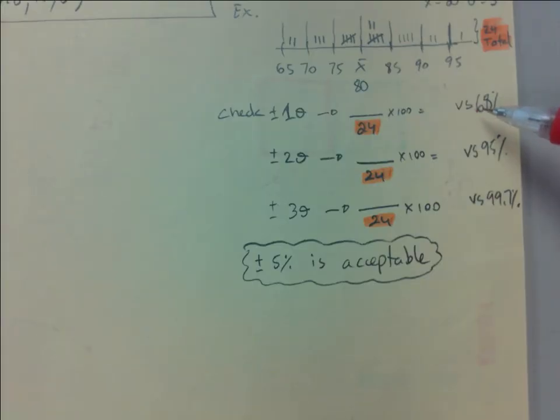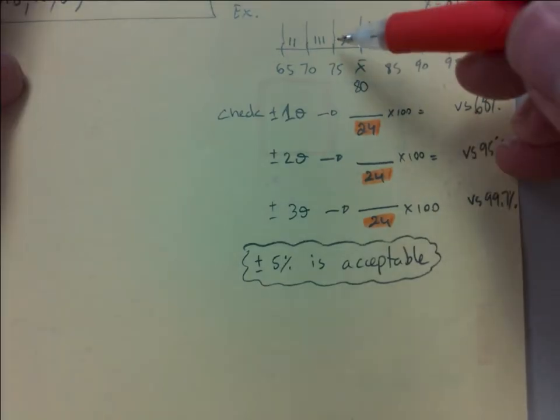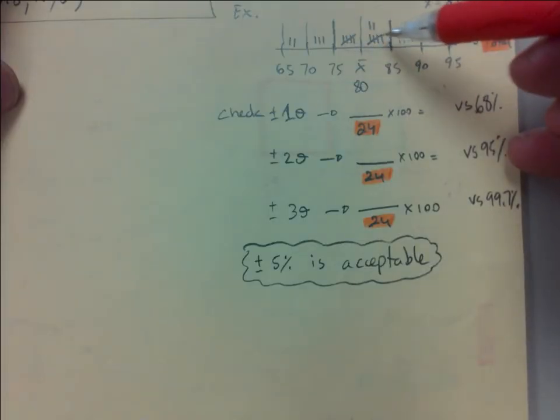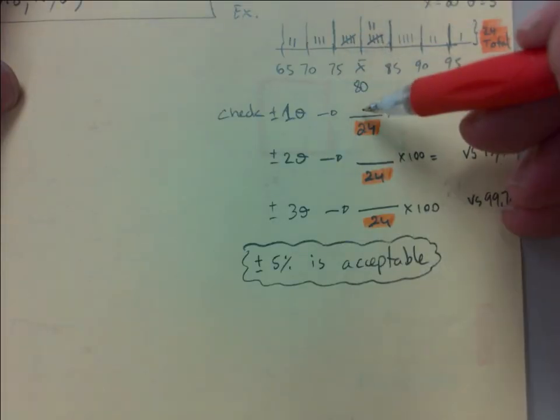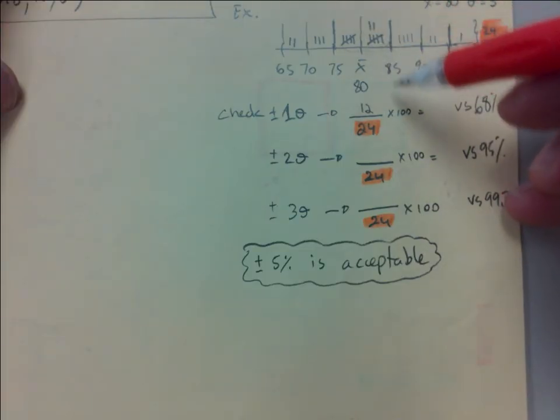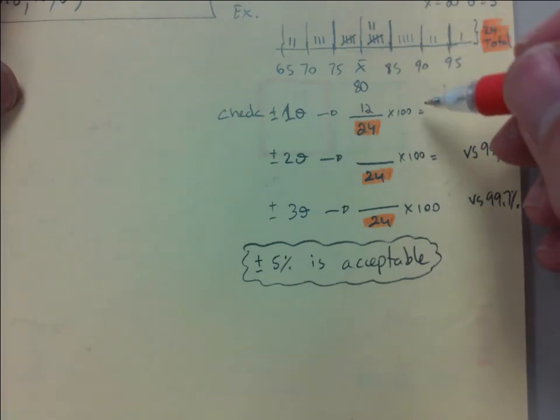it's still acceptable for us. So if you do this math, for example, plus or minus 1 standard deviation, we'd be looking at how many values are here? 5, 10, 12. This will be 12, right? If you add everything up here. Oh, that's easy. What's 12 divided by 24 times 100?